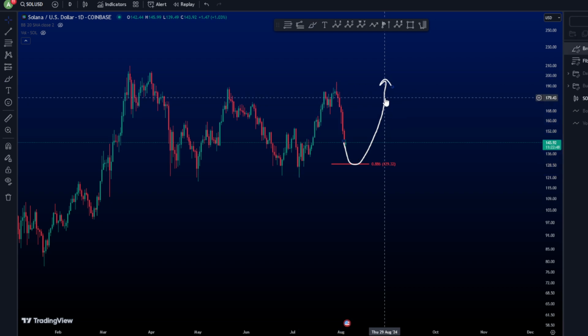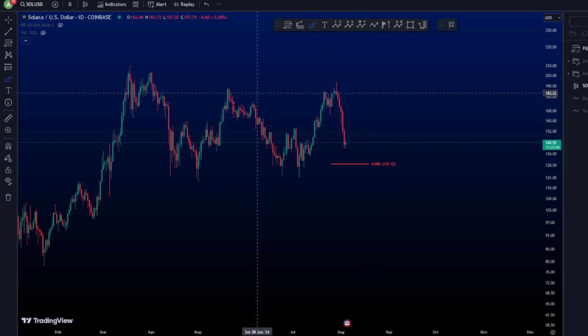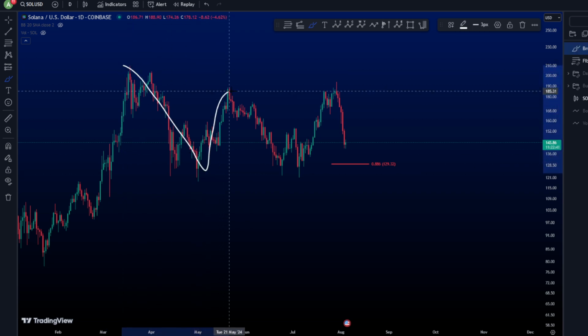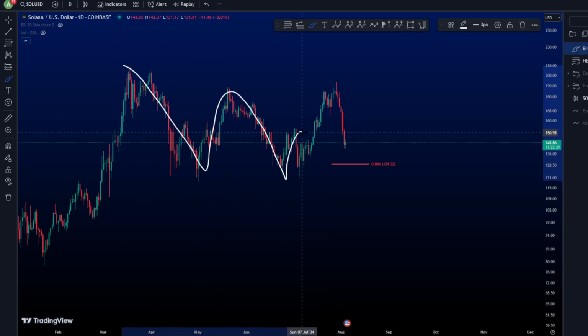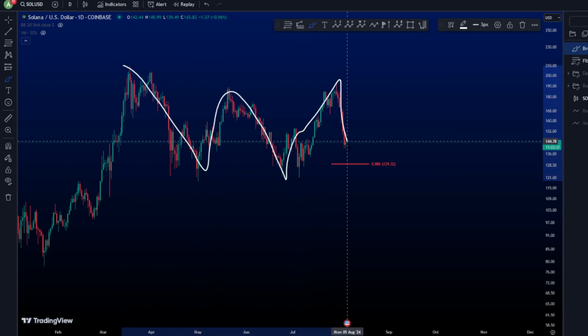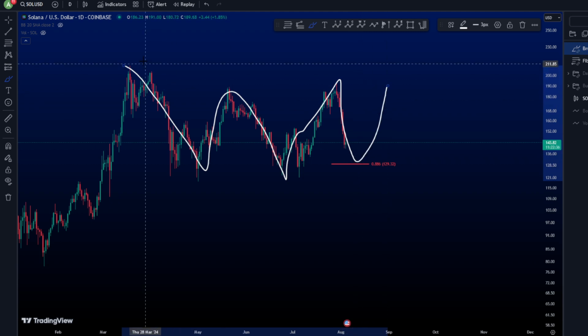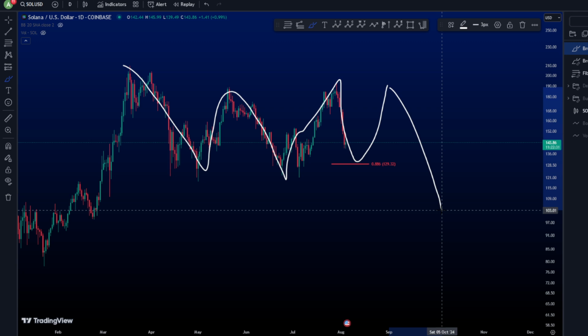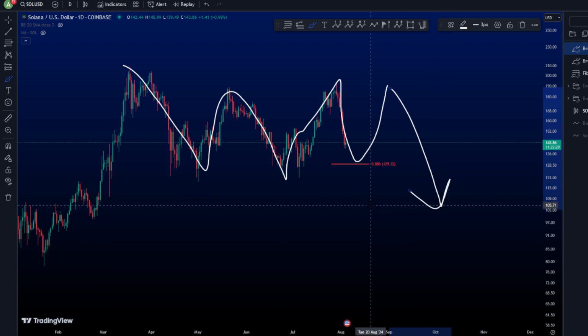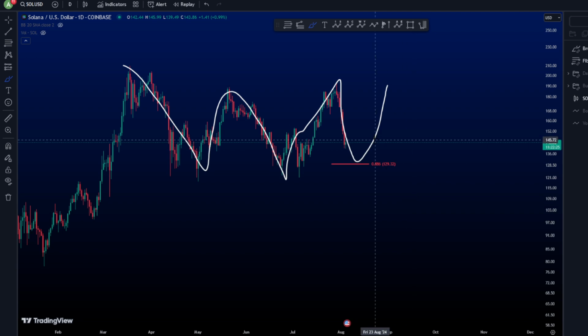Ending this with a regular flat is going to bring the same result at the end: A, B, and C, then A, B, and C, giving us 3 waves down, 3 waves up, and then looking for a wave C towards the downside. Okay, so be careful, guys.